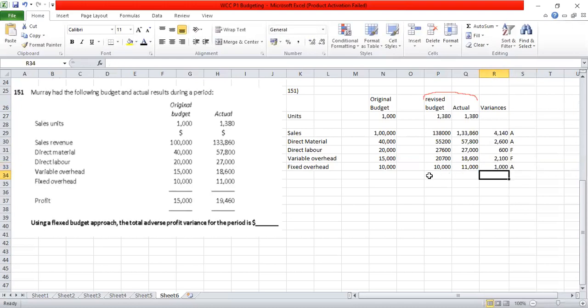Now the overall variance, we will put it as a total cost column so that it will be easy.